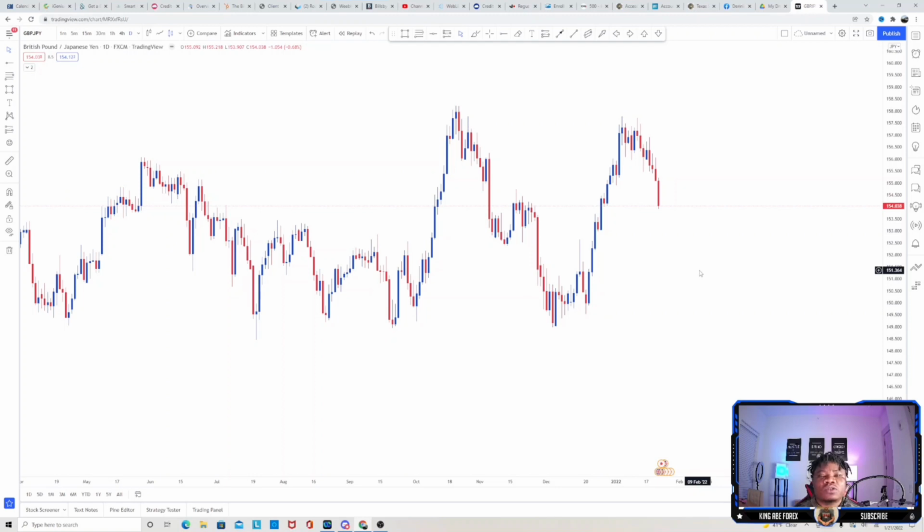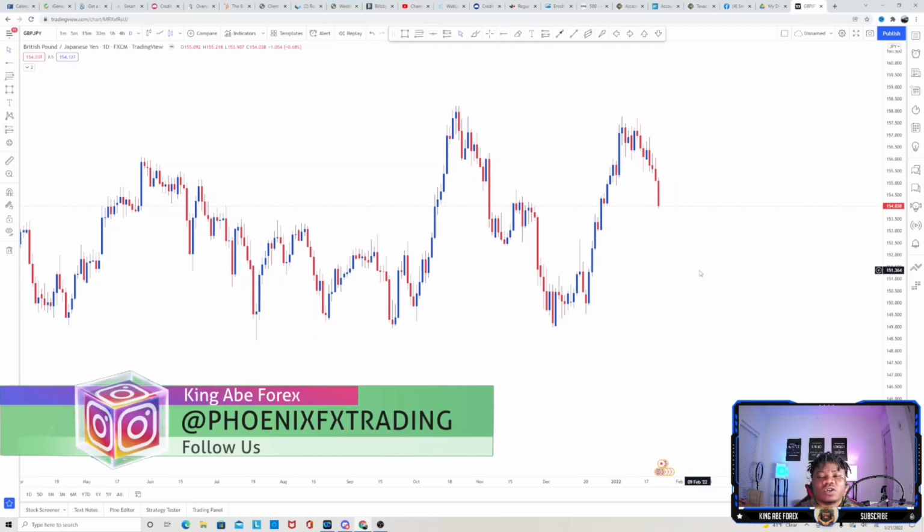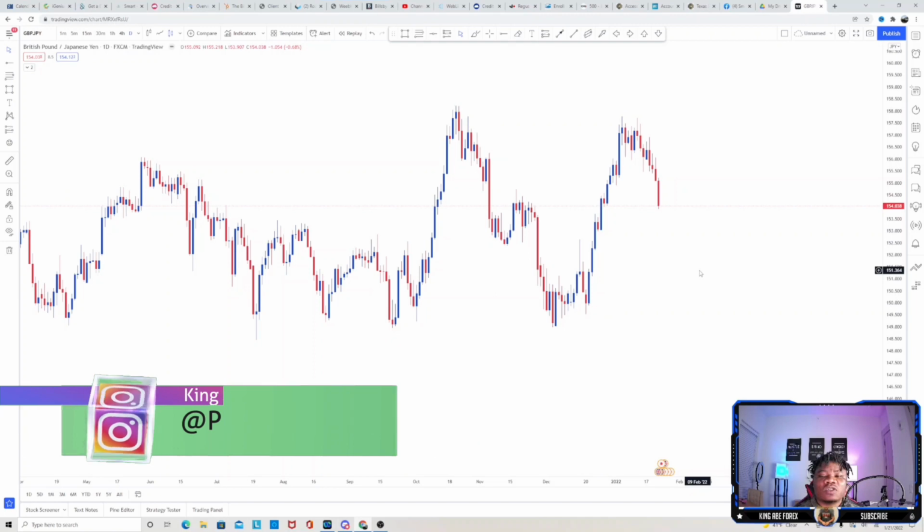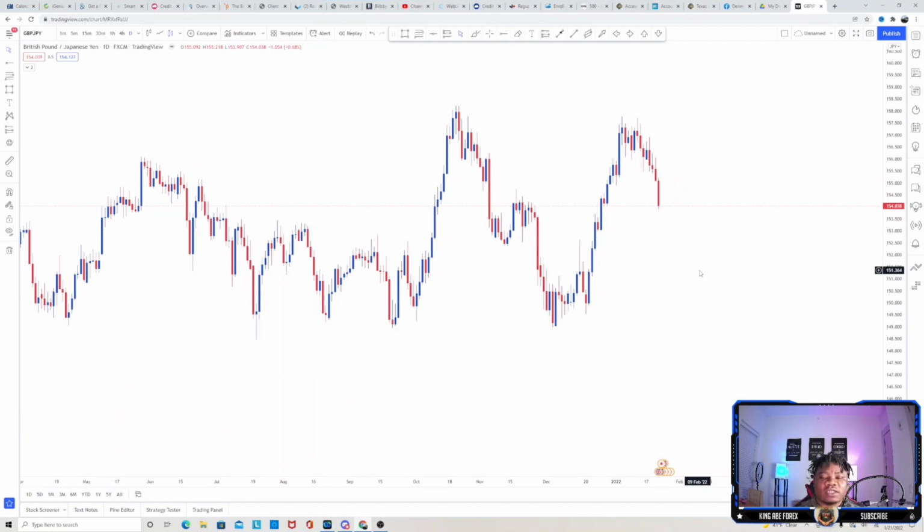Now, to use this strategy, our focus is to start on the daily time frame. That's why you see that my chart is on the daily time frame. And here on the daily time frame, we're only going to be focusing on two things. We're going to be focusing on our highs and our lows.